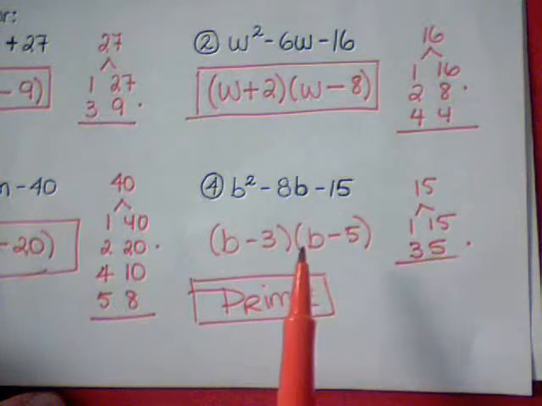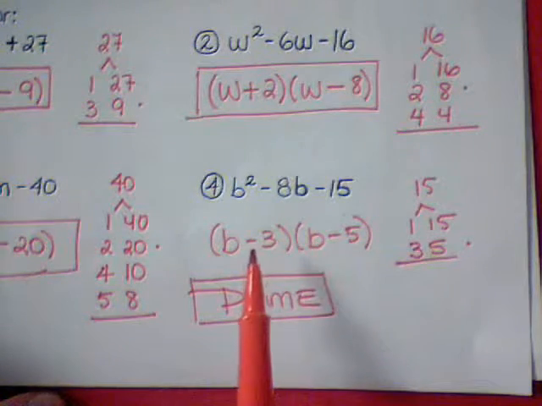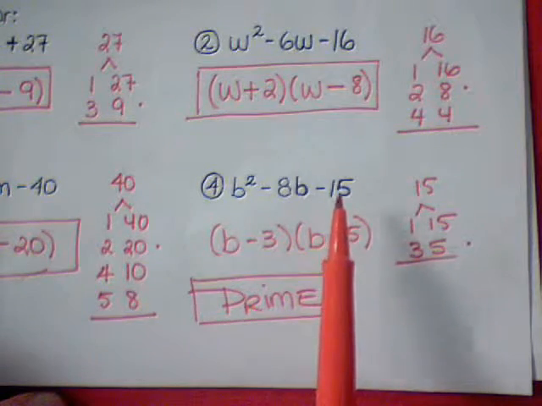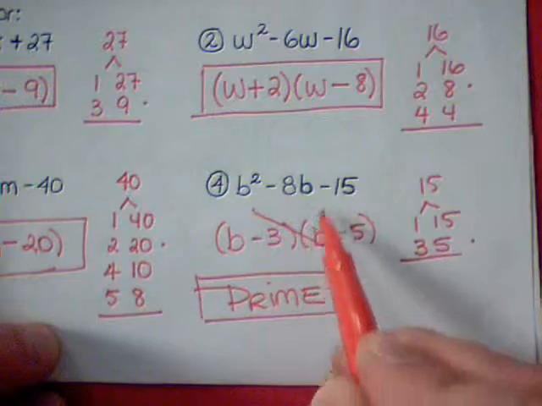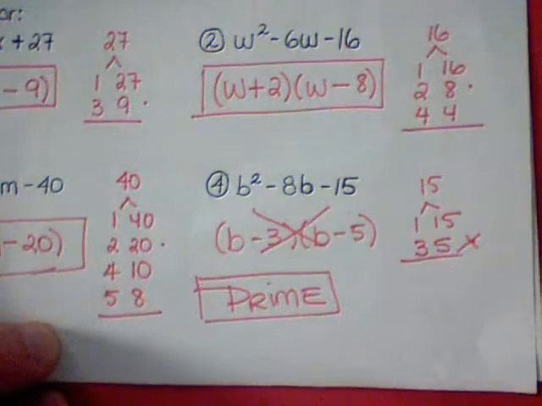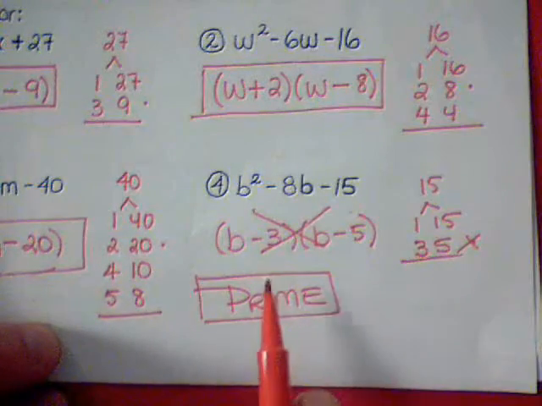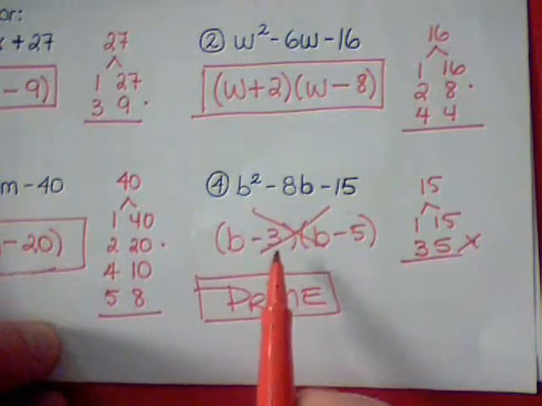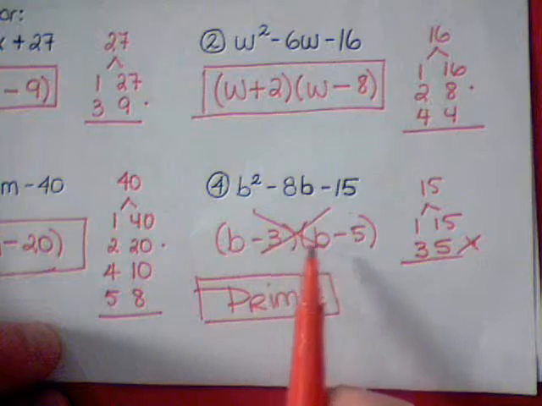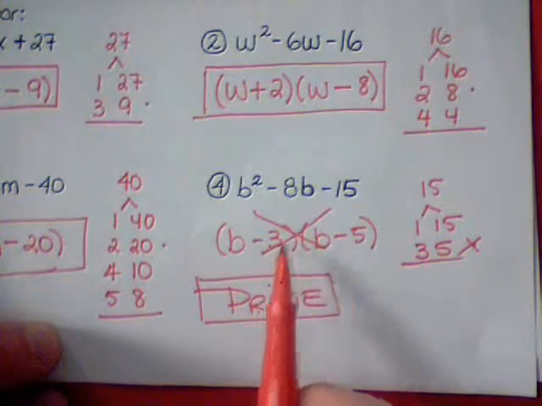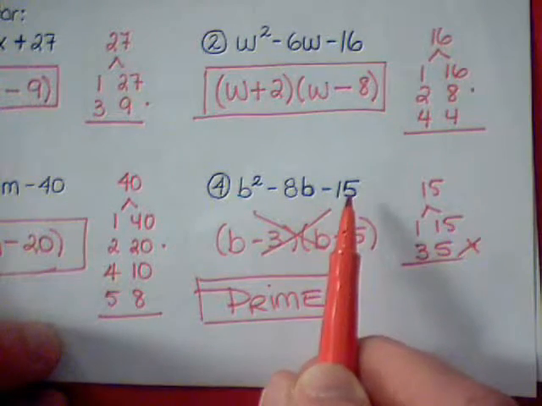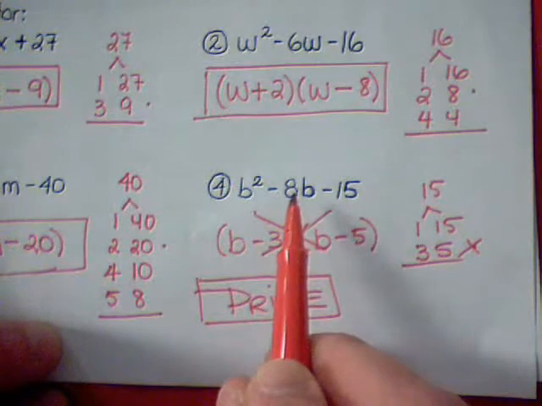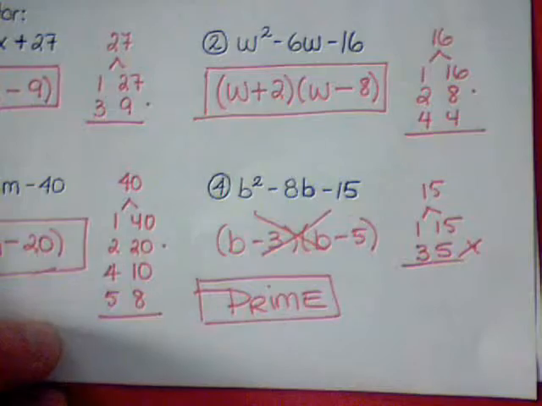But remember, you need to do the final check. Negative 3 times negative 5 does not give me negative 15. So that means 3 and 5 does not work. There's no other option. So that means the answer is prime. So make sure every time you do the final check. This times this should give you this. And then this and this combined should give you the middle term.